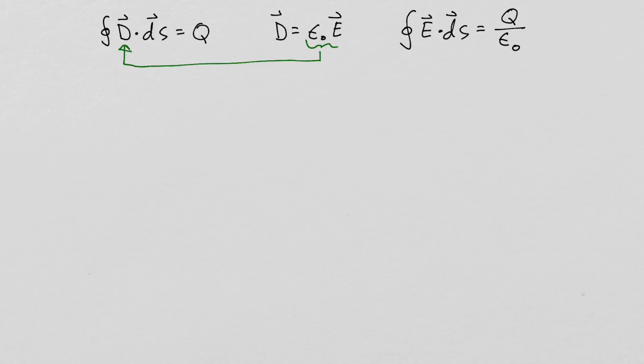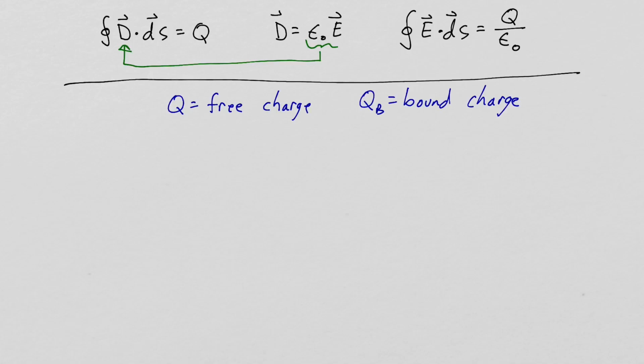We have introduced this idea that we have free charge and bound charge inside our dielectric, where the bound charges are these charges tied up in electric dipoles. We are going to retain our definition of the electric field intensity: if you put a test charge at some point in space and measure the force it experiences, dividing by the test charge gives us the electric field intensity.